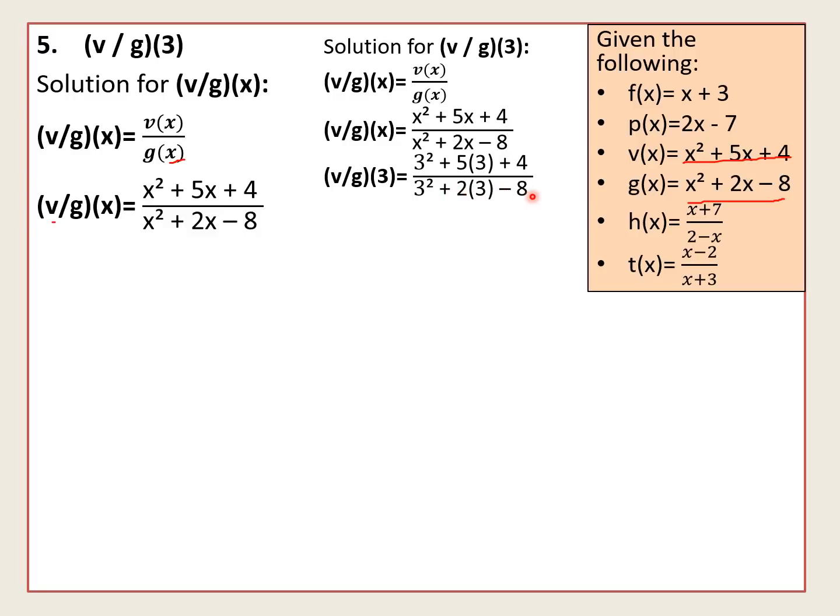Next, simplification. What is 3 squared? 3 squared is 9. Then 5 times 3, so plus 15. Right, plus 15. Then plus 4. This would be the numerator. Divided by 3 squared, 9 again.